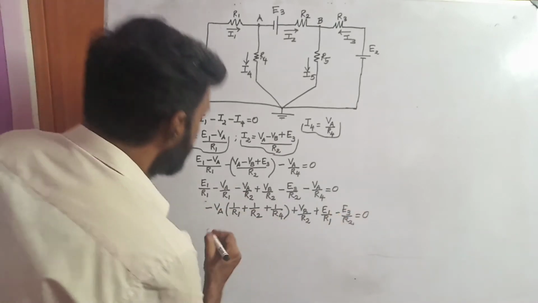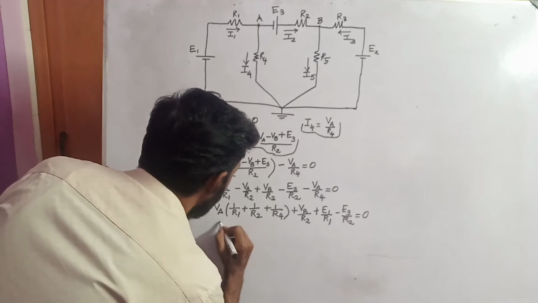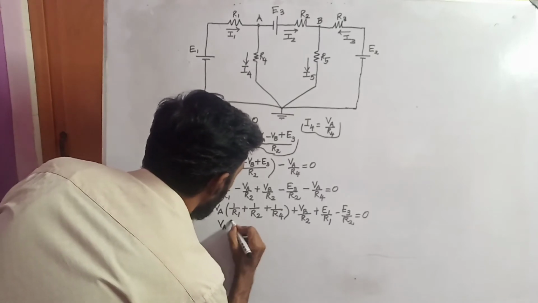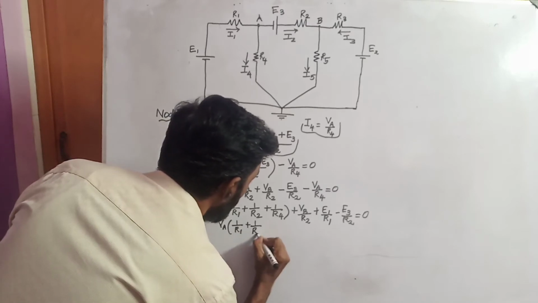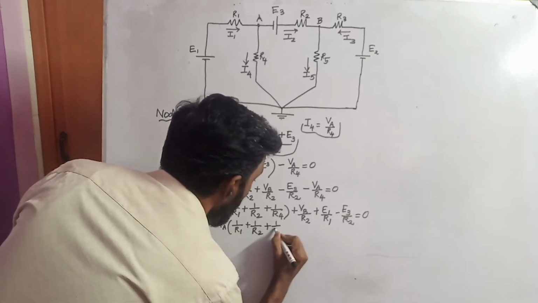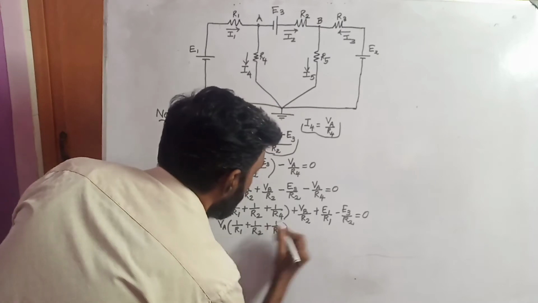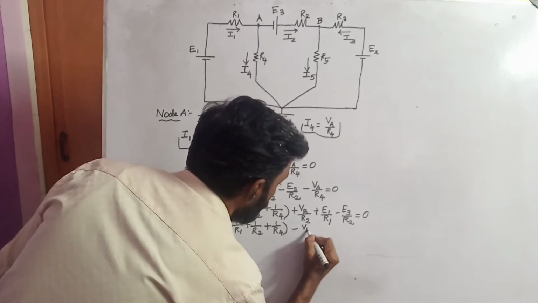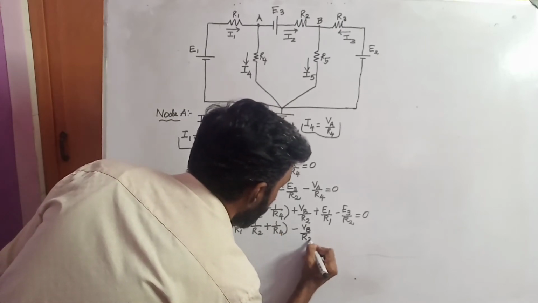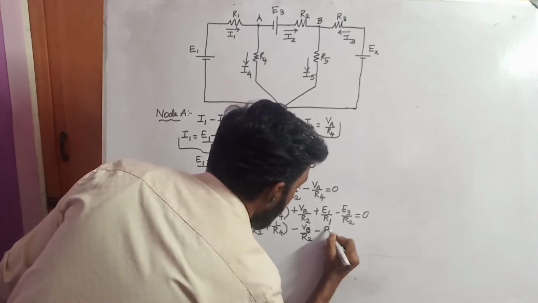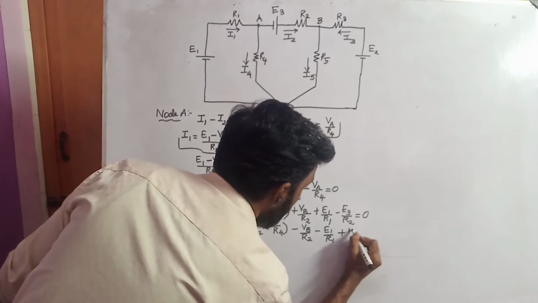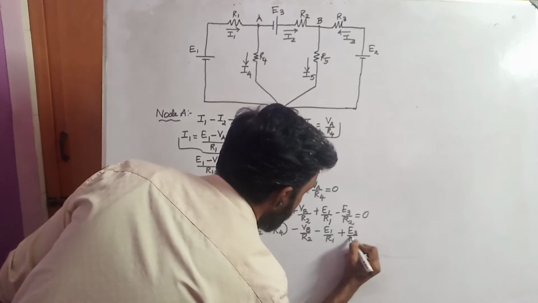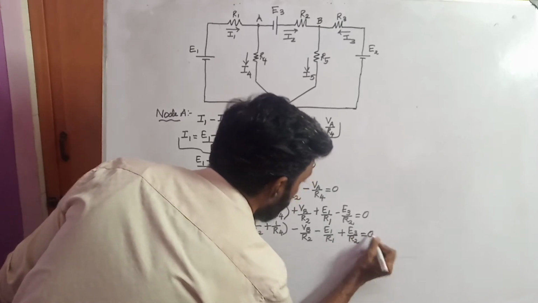So what I can do is, I can simplify it. VA into 1 divided by R1 plus 1 divided by R2 plus 1 divided by R4, minus VB by R2, minus E1 by R1, plus E3 by R2 equal to 0.